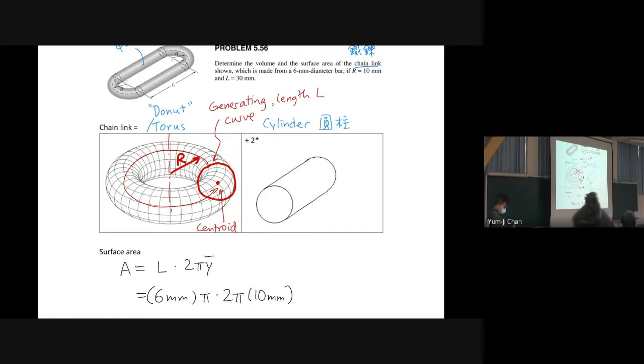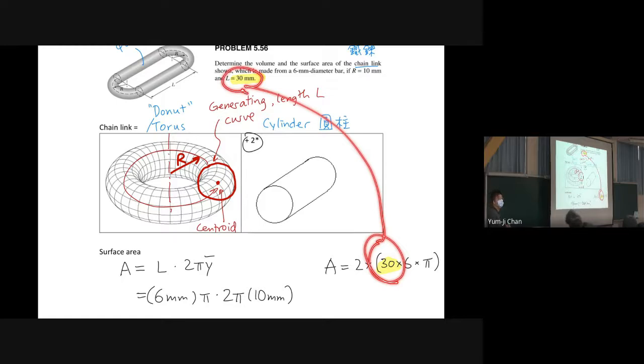For the right-hand side, it should not be difficult, because it is 2 times 30 times 6 times pi. The 30 millimeters comes from there.